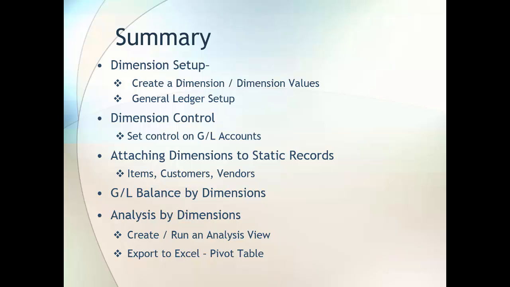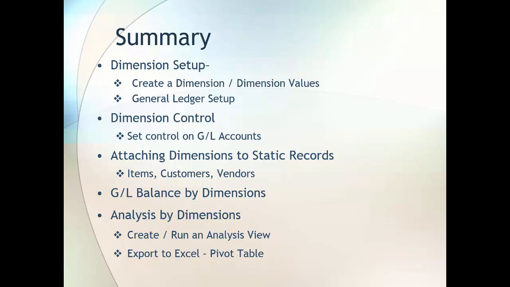And we've looked at how we can attach those dimension values to our static records, such as our customers and vendors and our items. We've then gone to our chart of accounts and had a look through the balance dimensions and what options we have there in order to view our chart of accounts from a different perspective.